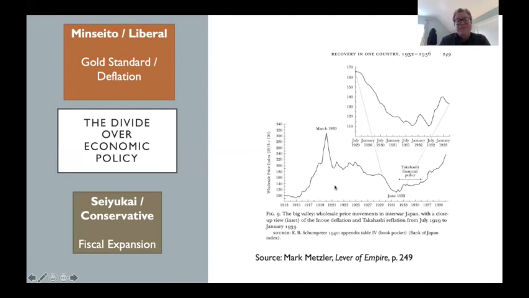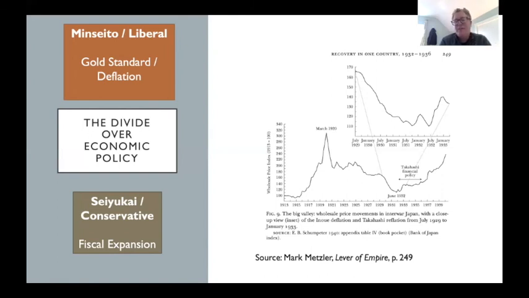So this meant a lot of suffering for the Japanese people as the banks closed in several periods and people couldn't borrow money. And many people who were indebted lost their businesses.